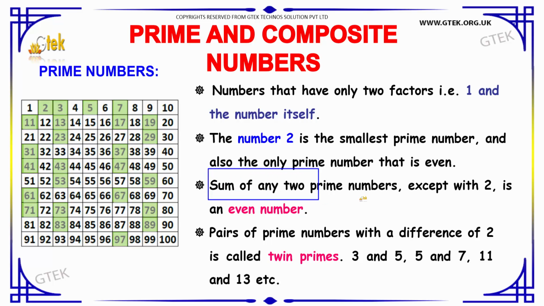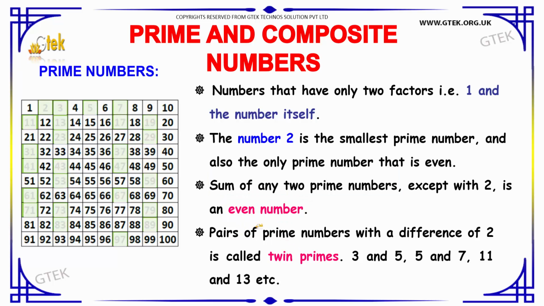Sum of any two prime numbers except with 2 will be an even number, because all other prime numbers other than 2 are odd numbers. So adding two odd numbers will give you an even number.